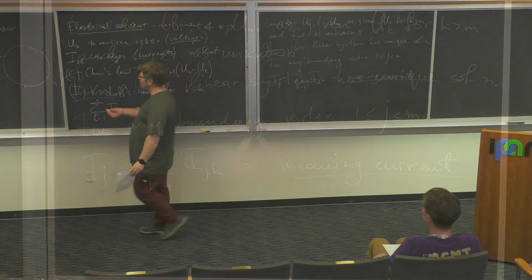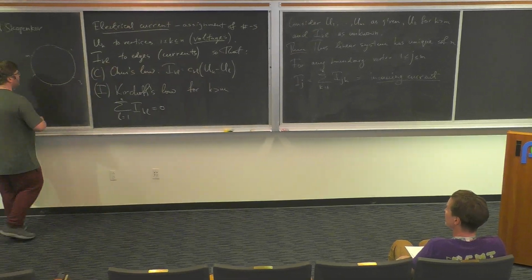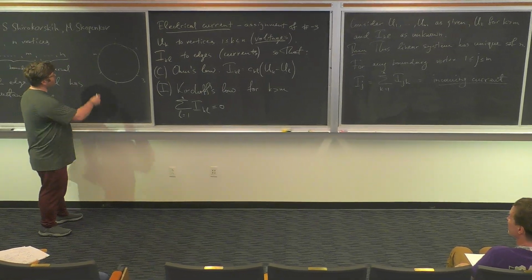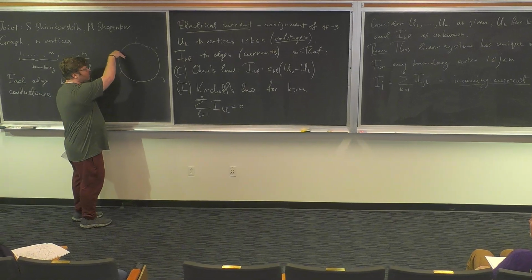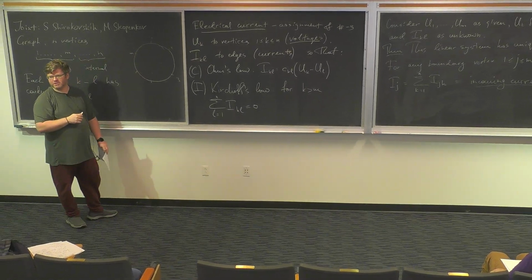This is something you can actually physically measure in such a network. You put certain voltages, and you can measure how much current flows through each of those boundary vertices.